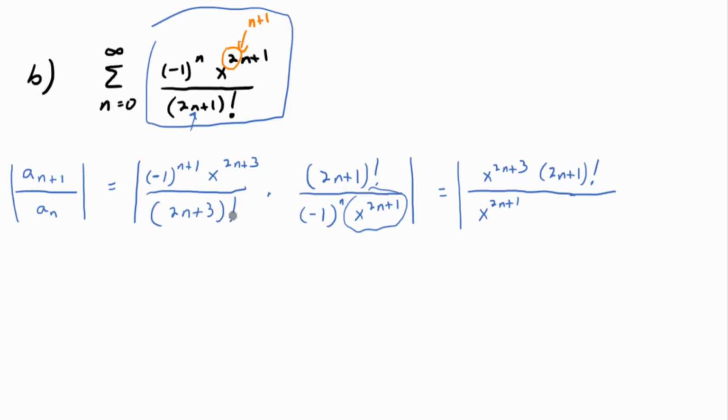And then how do I want to rewrite 2n plus 3 factorial? 2n plus 3, 2n plus 2, and then 2n plus 1 factorial, so I can do the cancellation. And then proofread that for me. Did I forget any factors? I got rid of the negative 1 to the power on purpose. I got this guy, this guy, this guy written out, and then this guy. So I think I'm good. Okay, any issues there so far?